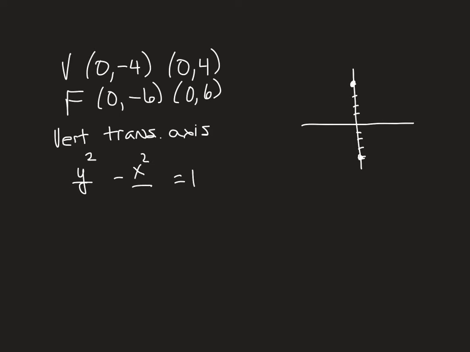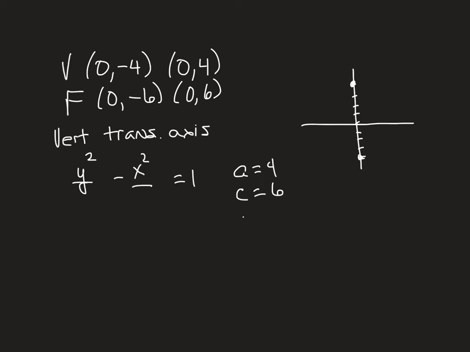The distance between the center and the vertex in this case is 4, so a is 4. c is 6.